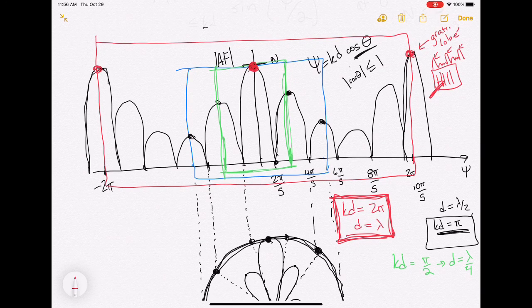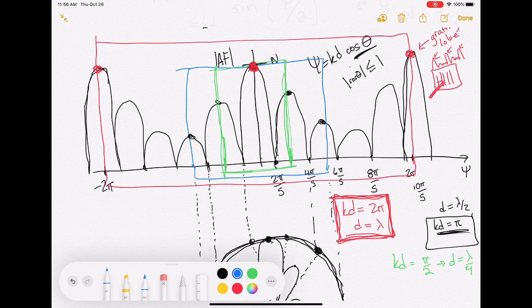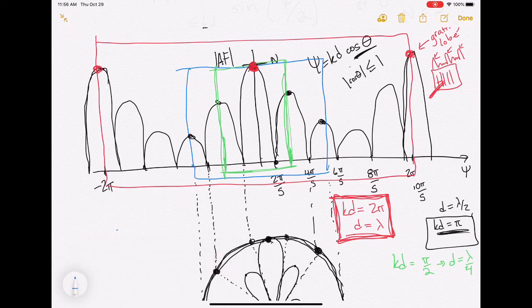So you can see that as the total length of the array increases, as you increase the value of D, or as you increase N, ND being the total length of the array, the amount of this function that you can see sort of increases.